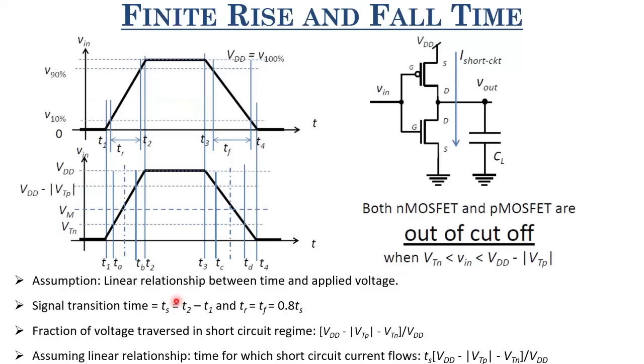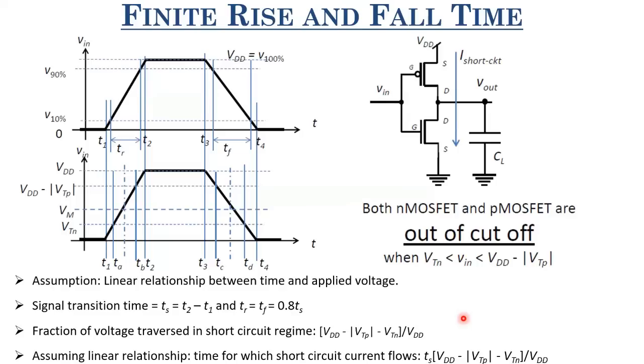So assuming a linear relationship between time and applied voltage gives us this very easy relationship, relating the time for which this short circuit current is flowing. That is simply TS, the signal transition time, which can also be represented in terms of rise and fall times, multiplied by the fraction of voltage swing for which these two MOSFETs are out of cutoff.